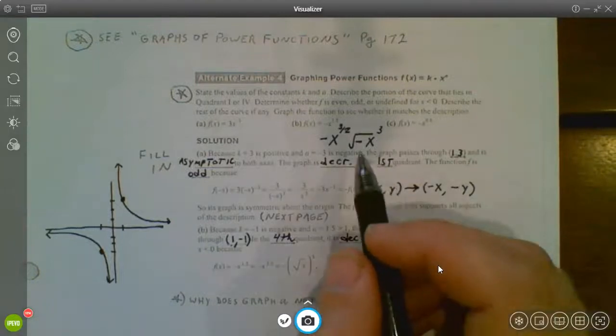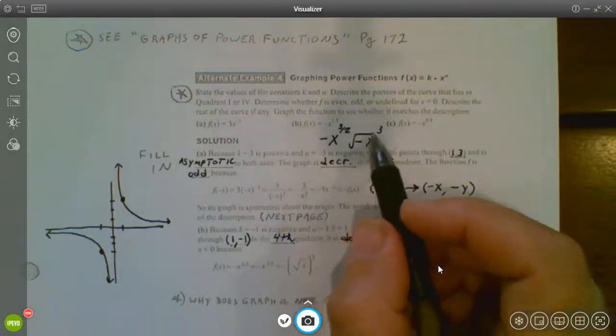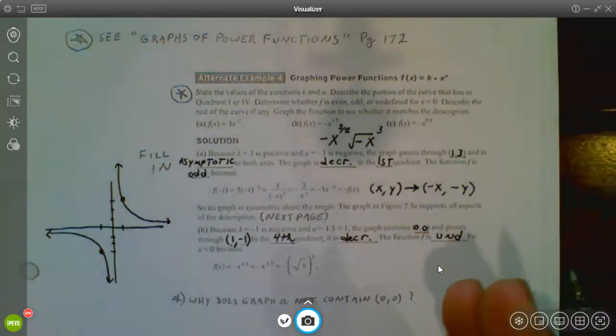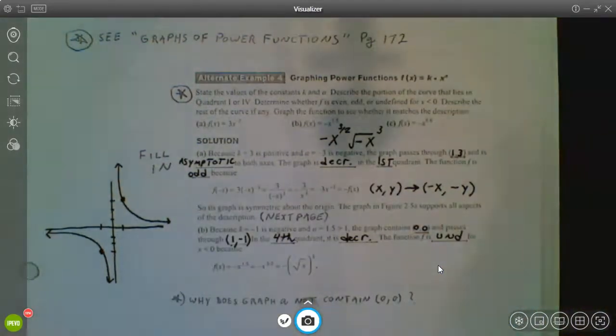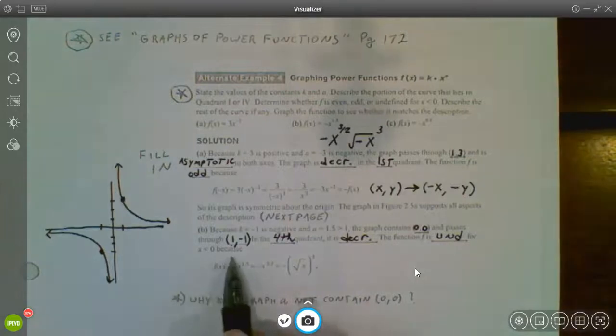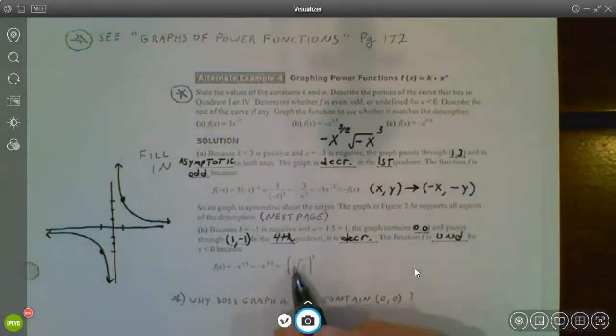So let me take you back to this idea. Remember, this is a radical, right? Because it's a square root, I am limited on my graph as far as negatives go. So this is undefined for x less than 0 because of the square root idea that I'm seeing right here.